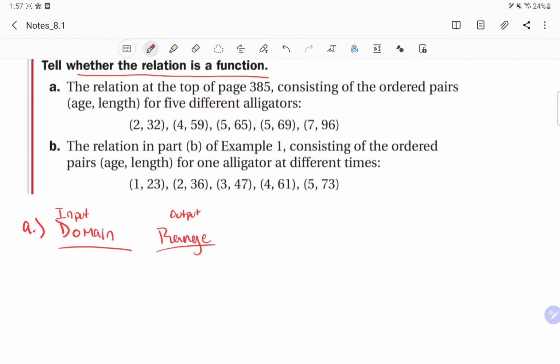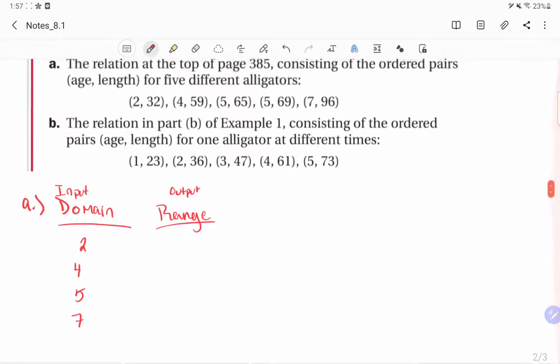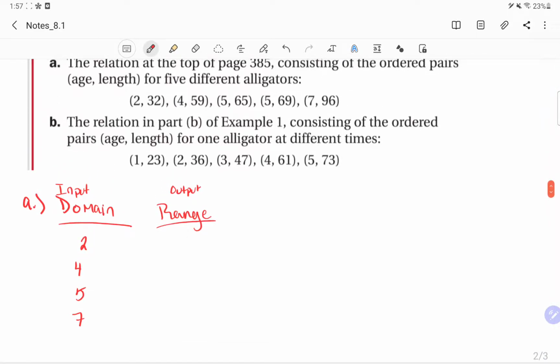All right, so I'm going to list 2, 4, 5 repeats, so I'm not going to write that twice, and then 7. And then for my, remember these gotta be from smallest to largest, my Y or my range, I have 32, 59, 65, 69, and 96.